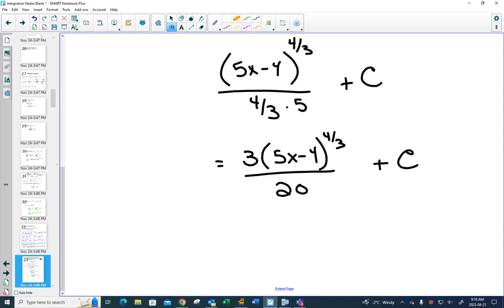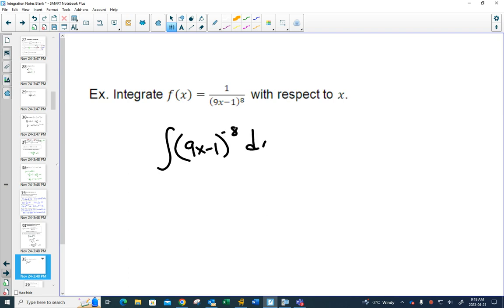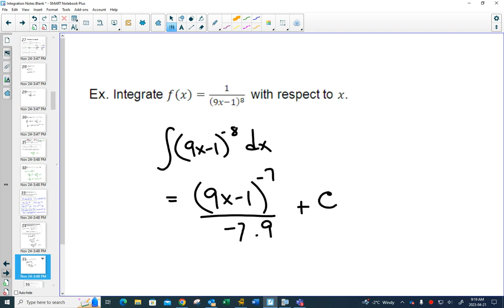You can try the next one. I'll put the answer up in a second. I rewrite that one with a -8, add 1 to my exponent, divide, and also have to divide by 9, so you'd have a -63 on the bottom.